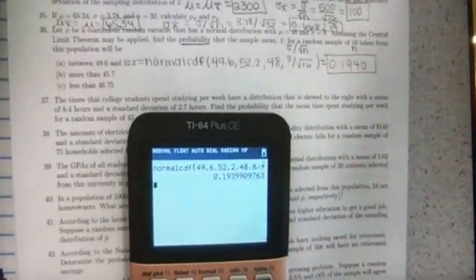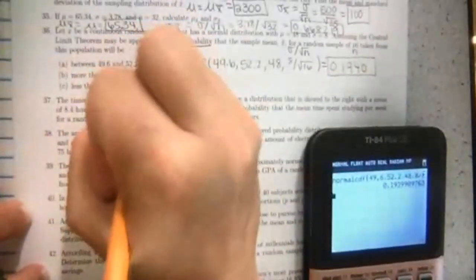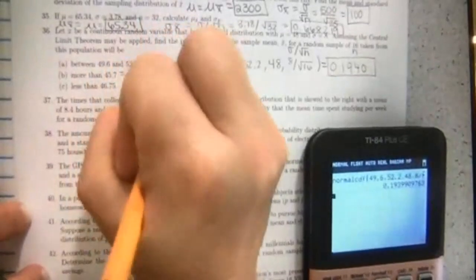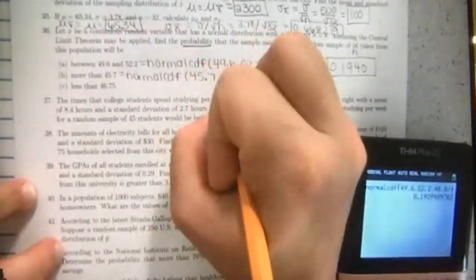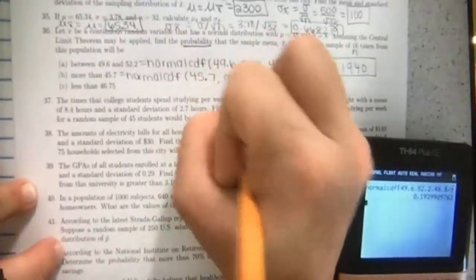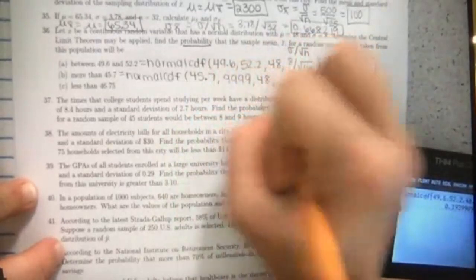The next one says more than 45.7, so I know it's going to be a right tail. So normal CDF. And if you need to draw the picture, go for it. But if it's going to be a right tail, that means my lower limit is going to be 45.7. My upper limit is going to be infinity, so 99999. My mean is 48.